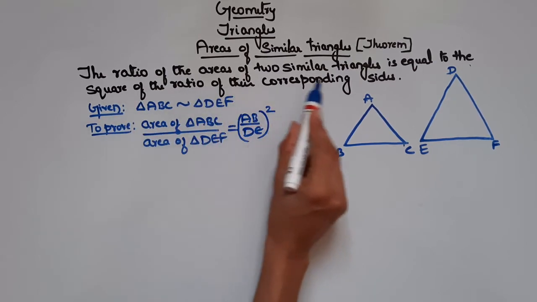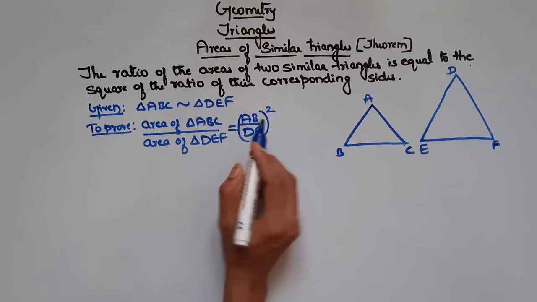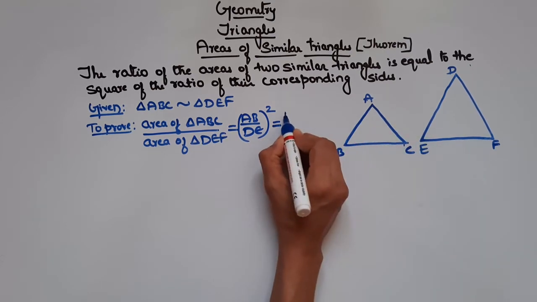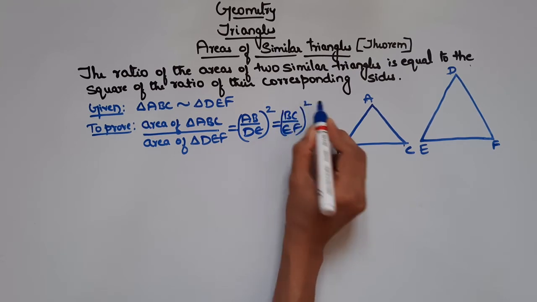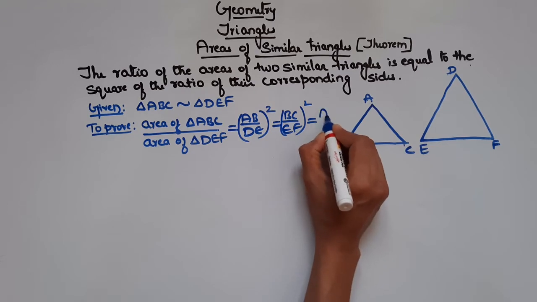Square of the ratio of their corresponding sides. So it's square of the ratio of their corresponding sides, which is equal to BC by EF the whole square, which is equal to AC by DF the whole square.